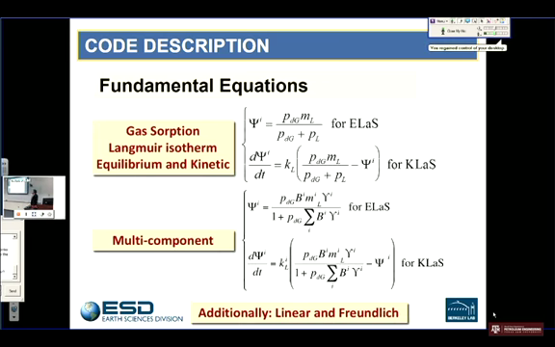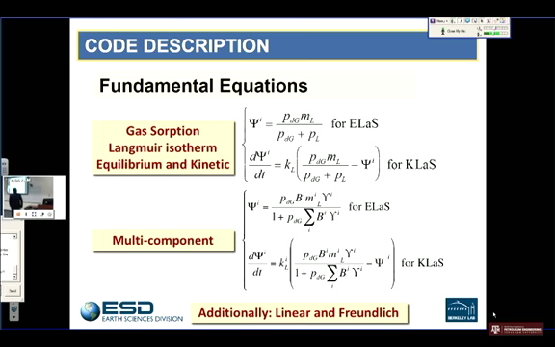The sorption. Well, we have several fundamental equations. What you see over here is the typical Langmuir equation. At the top, you see the equilibrium Langmuir, and below this, you see a kinetic one, because we see evidence from our laboratory studies that some of these sorption equations are kinetic. They are not equilibrium. This applies to a single component.